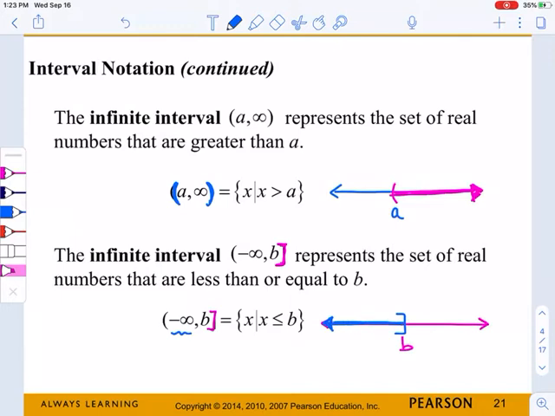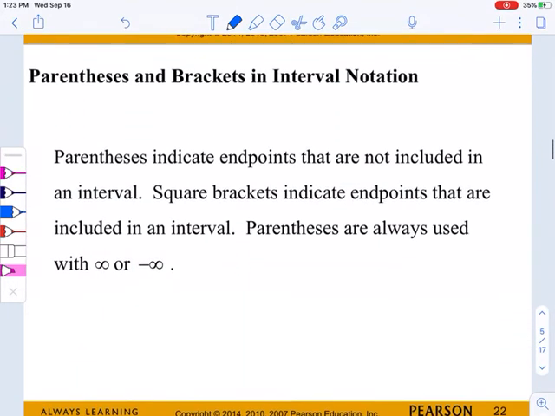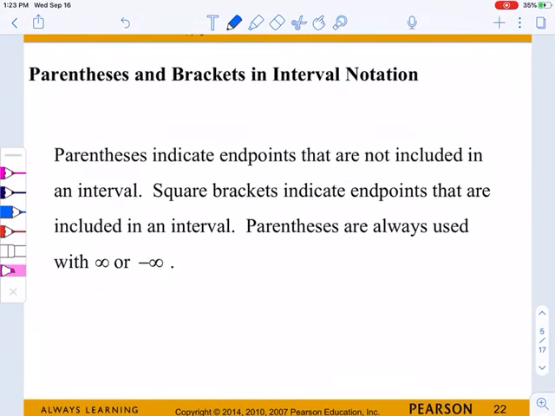And again, they're always going to use these parentheses around the infinities because it's not a set value. It cannot actually equal infinity since that's not a number. So that's what that next little blurb states. Parentheses indicate endpoints that are not included in the interval. Square brackets indicate endpoints that are included in an interval. And parentheses are always used with the infinity or the negative infinity.